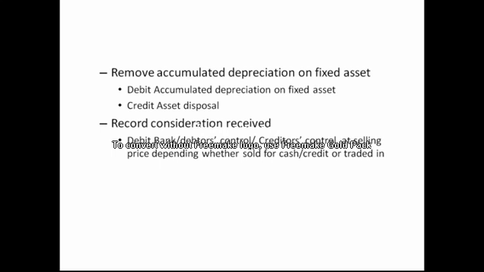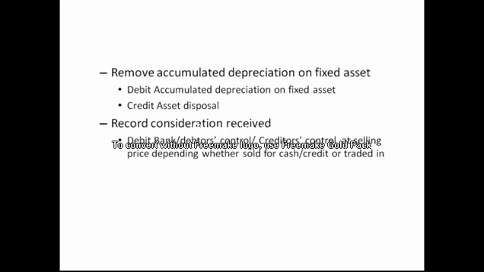Or if it is a trade-in, it will be creditors control, because we will now have gotten a more expensive asset, and part of the cost of the more expensive asset is set off against what we get for the asset that we get rid of.